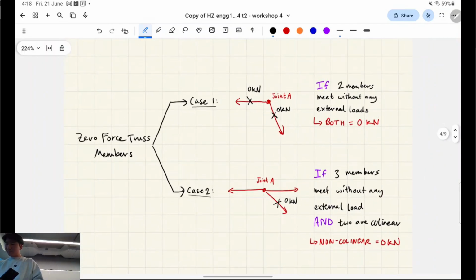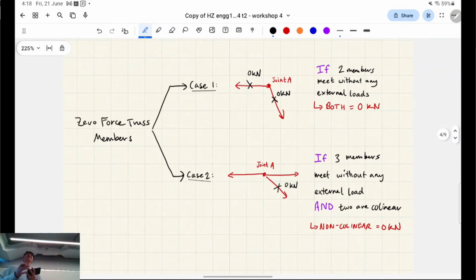So now we're going to talk about zero force truss members, right? This is probably something you haven't really discussed in the lab, but I think Wei might have talked about it briefly in the lecture. A zero force truss member is basically when a truss member has zero tension and zero compression, right? Zero force. There are ways you can identify it, and specifically there are two cases you can use to identify it.